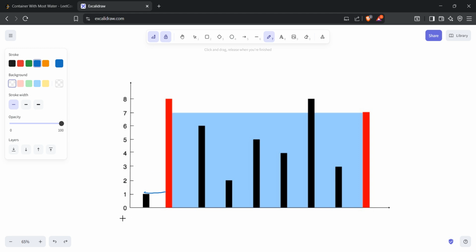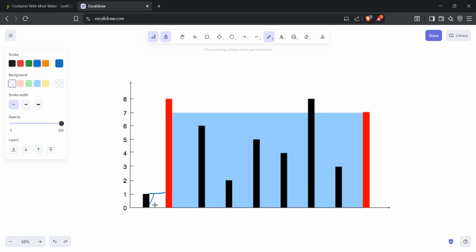Suppose a glass can hold water only up to the point it has the boundaries of the glass. If the glass was like this, it could hold water only up till this point. Here the case is similar. The water can be held up to the minimum height of the two lines.